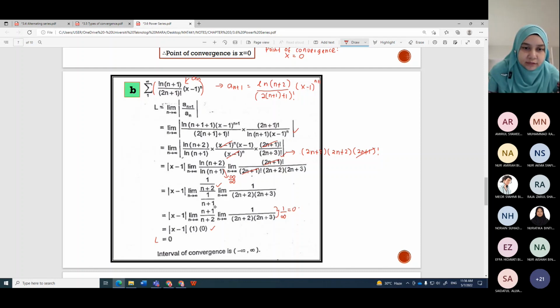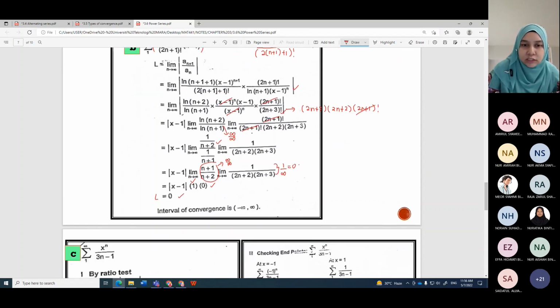Simplify akan dapat yang ni kan. So, ganti ni pun akan dapat infinity over infinity. So, differentiate akan dapat 1 over 1. Dapat 1. Okay, that's why 0 times semua number ni is equal to 0.